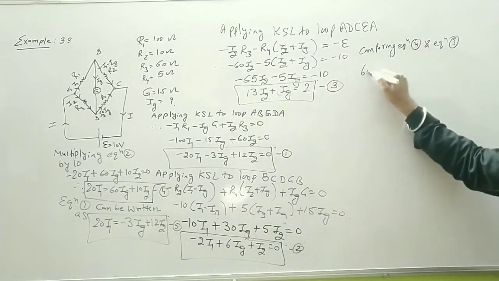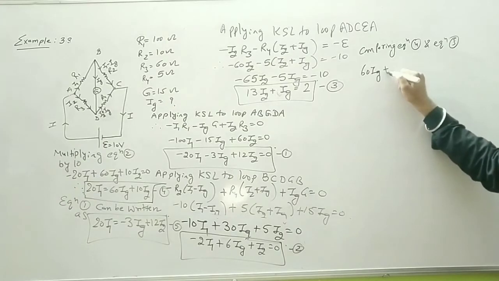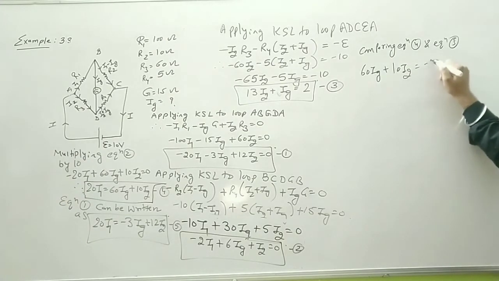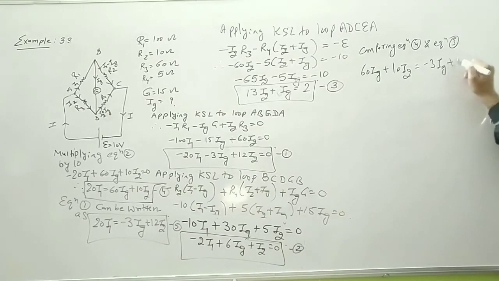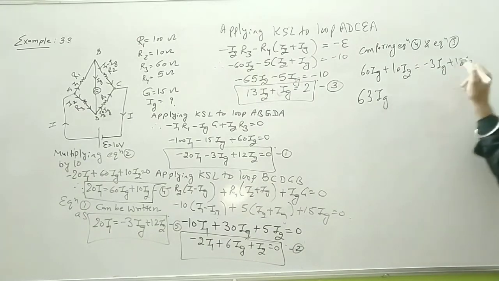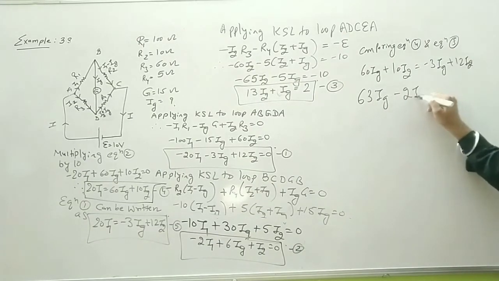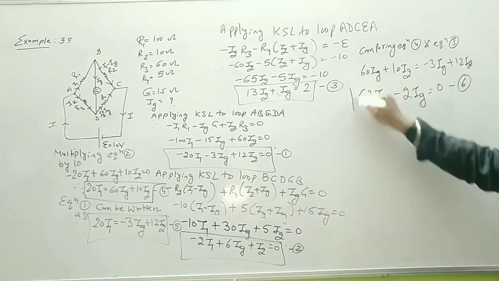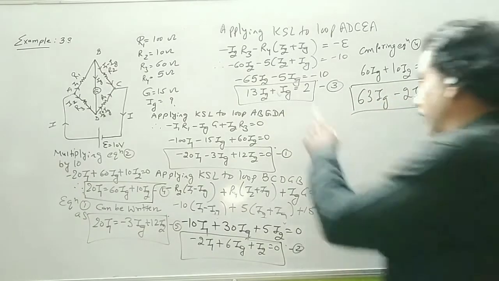So it can be written as 60 IG plus 10 I2 is equal to minus 3 IG plus 12 I2. I take this IG to this side, 63 IG minus 2 I2 is equal to 0. That is equation number 6. So now we are left with these 2 equations.